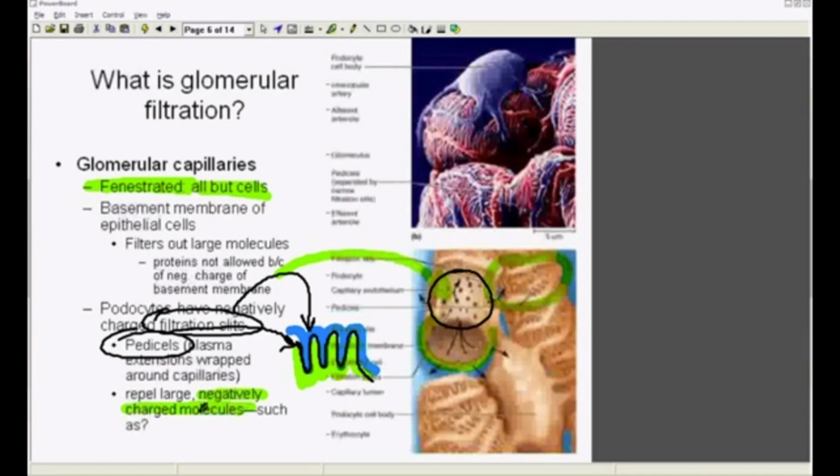And as it turns out, proteins are also negatively charged, and things that are negatively charged will be repelled by other things that are negatively charged. So this, too, helps to prevent proteins from being filtered out of the blood. This picture up here shows you a nice real electron micrograph picture of what those podocytes look like with all those little pedicels or finger-like projections surrounding the capillaries.